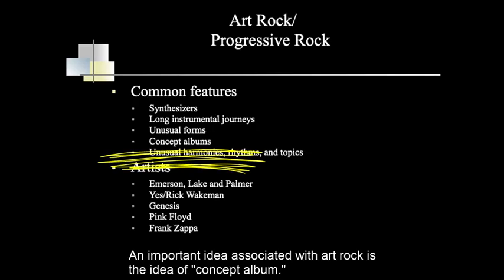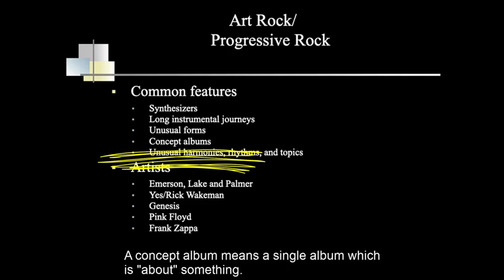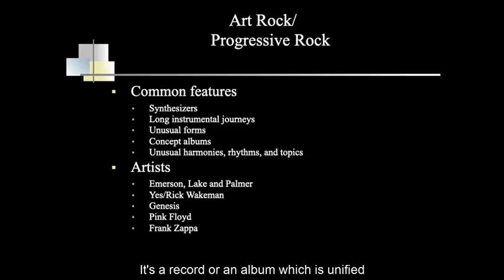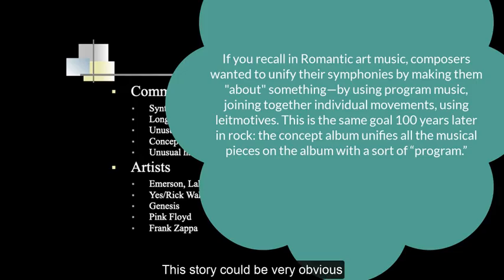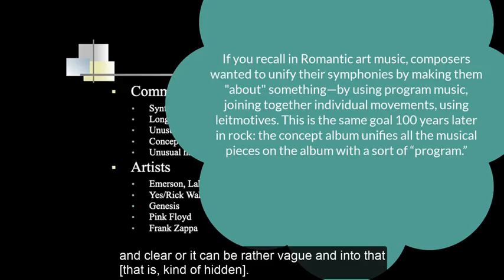An important idea associated with art rock is the idea of the concept album. A concept album means a single album which is about something. It's a record or an album which is unified by an idea or a storyline. This story can be very obvious and clear, or it can be rather vague and hinted at.